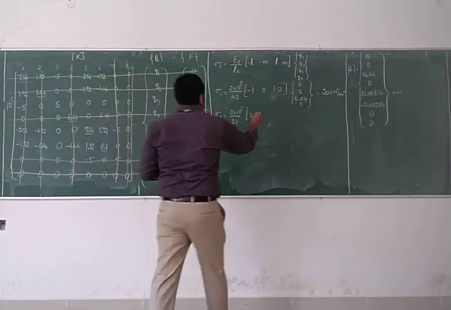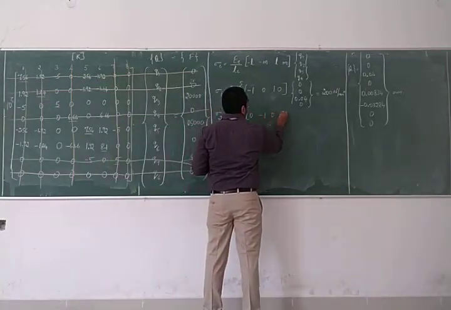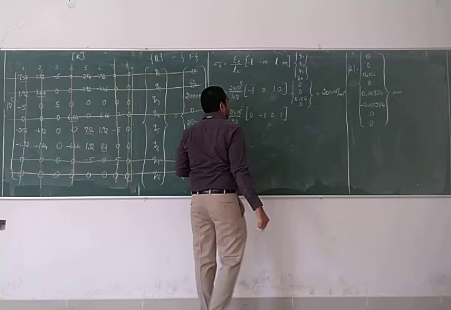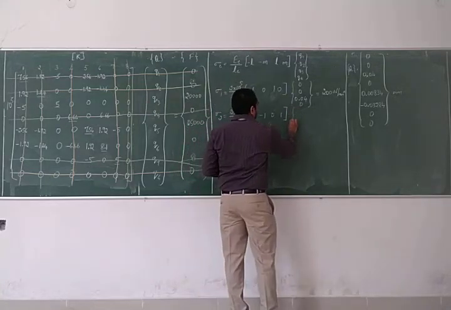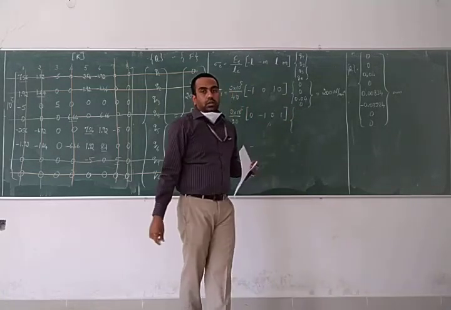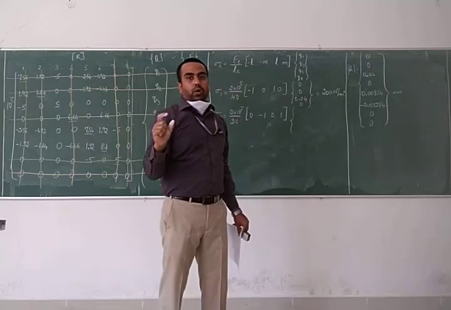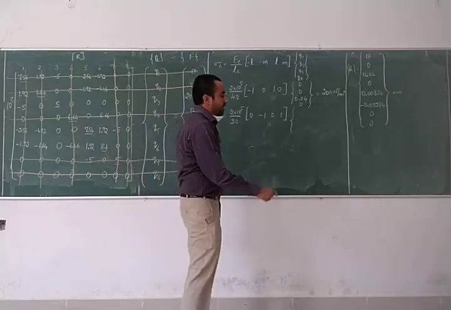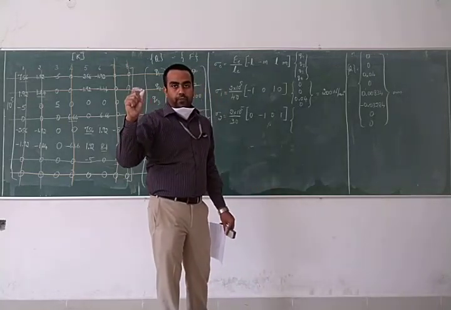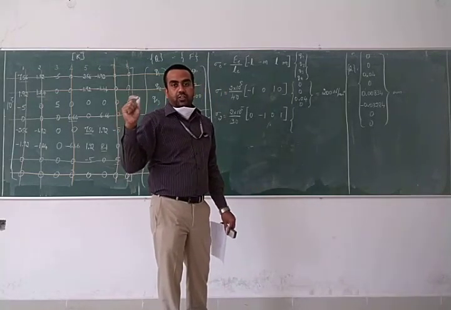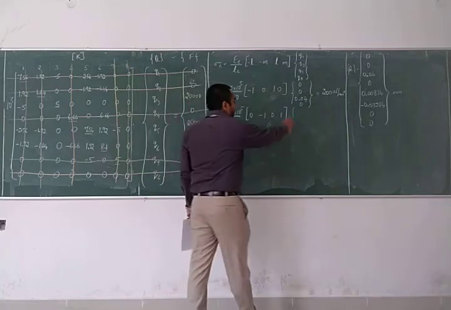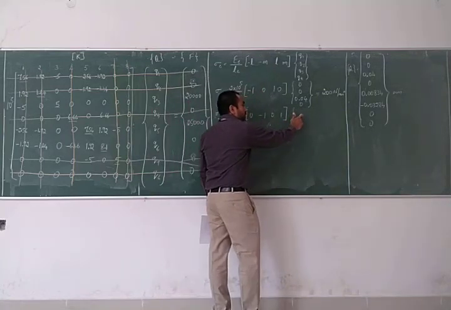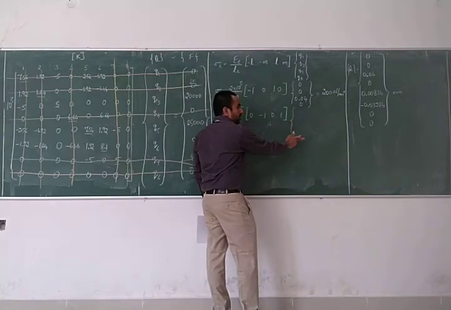So this is minus 1, 0, 1 multiplied by, now pay attention, element 2 has nodes 2 and 3. For node 2 displacements are Q3 and Q4. For node 3 displacements are Q5 and Q6.